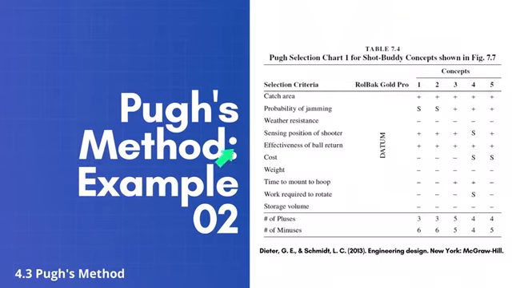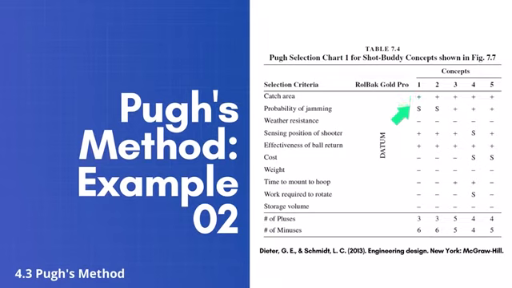Here is example number 2. Here I want to show you the method for evaluating. In the previous slide the value 1 is better, 0 is about the same, and -1 means poorer than.